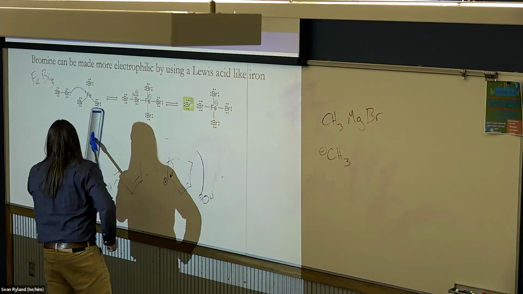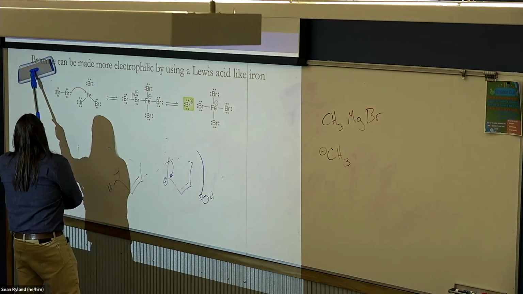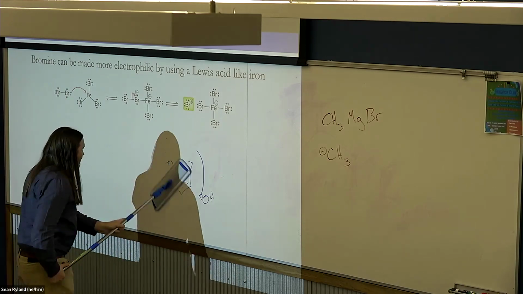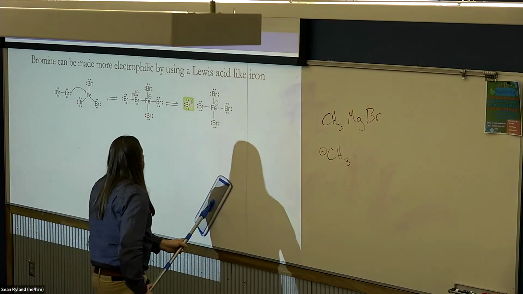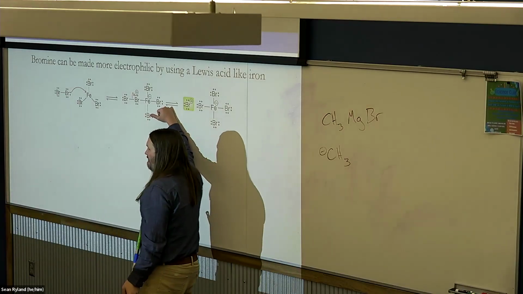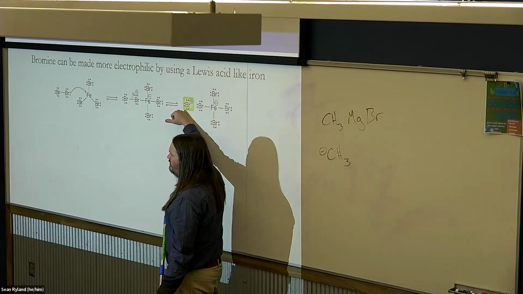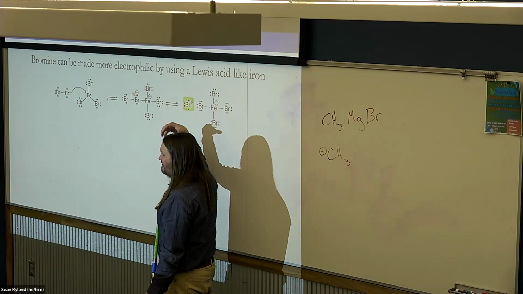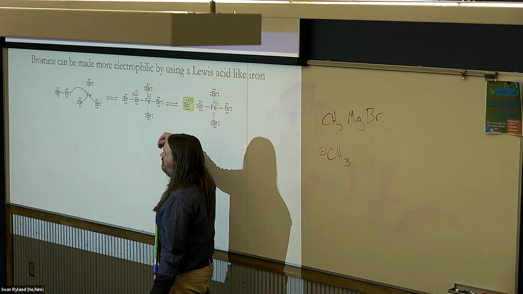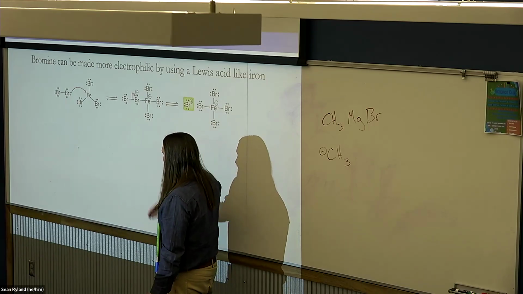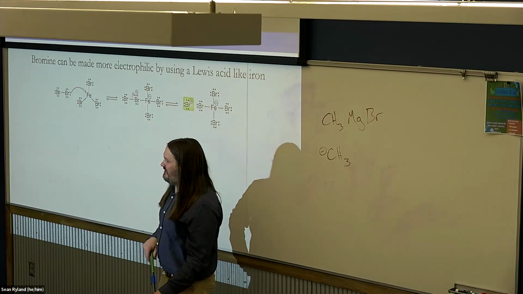This is the first step, like you said. The first step in all of these mechanisms, the reason that electrophilic aromatic substitution is all considered one mechanism, is because the first step is always to make an electrophile. And then the second step is always your electrophile attaches to a benzene ring.